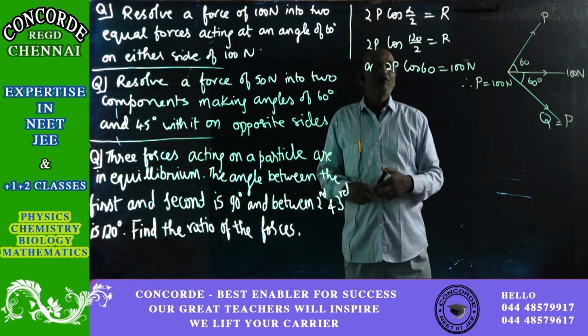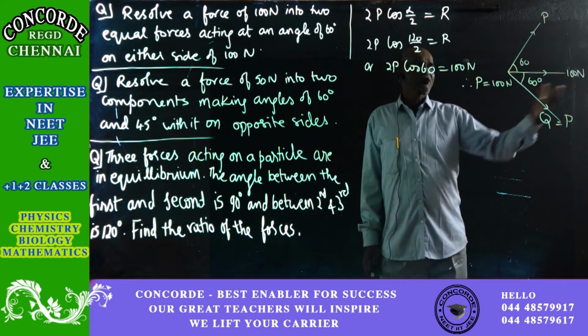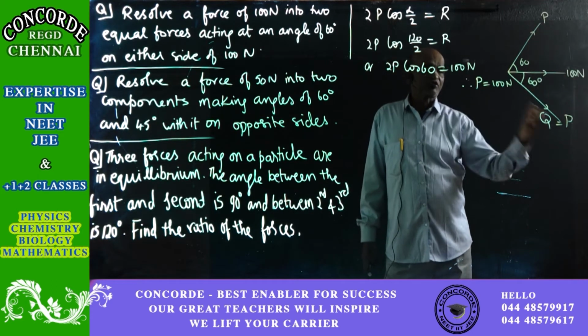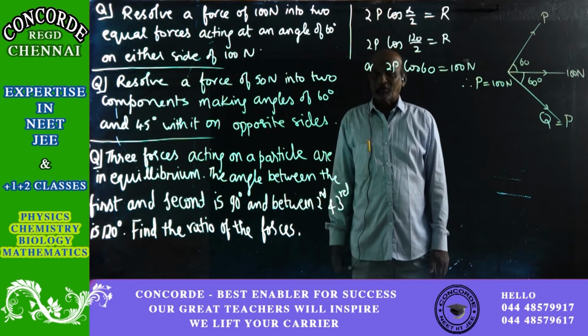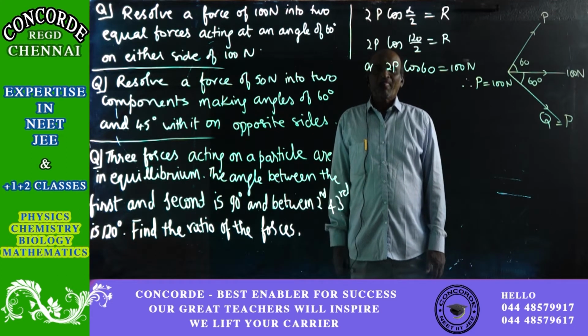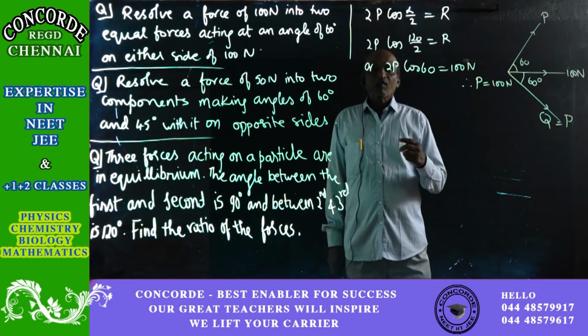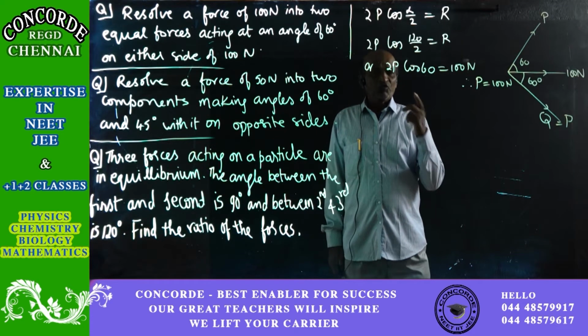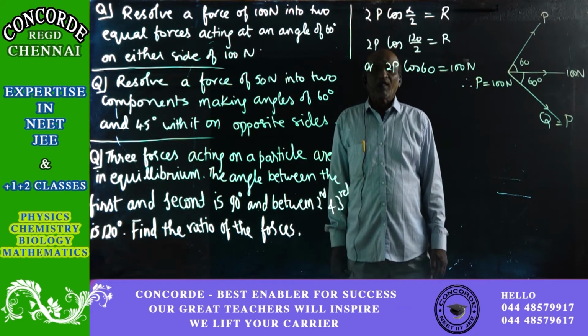Okay. Now, the surprising thing is that the resultant is 100 and the two forces are also each equal to 100. It is possible; we have studied that already. Remember, in one question of two vectors, one was 2P and the other one was also 2P.